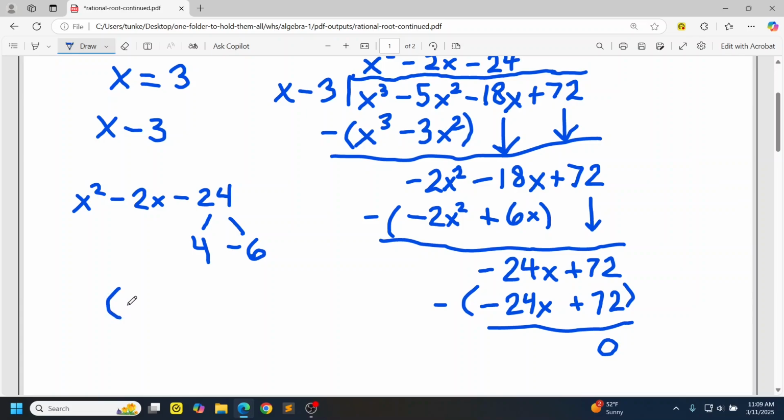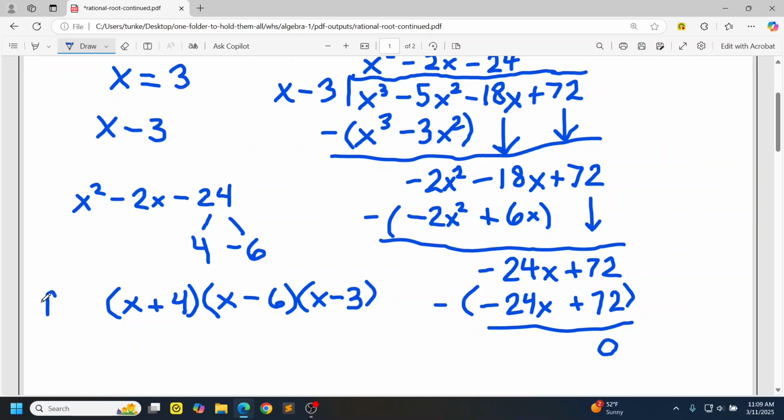And so this part factored would be x plus 4 times x minus 6. If we want all of f of x in factored form, I could stack on the x minus 3 at the end.